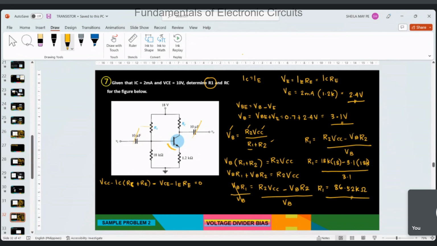Times 3 minus 10 minus RE. RE. Pila makuha ninyo kung kani yung gamiton, guys?